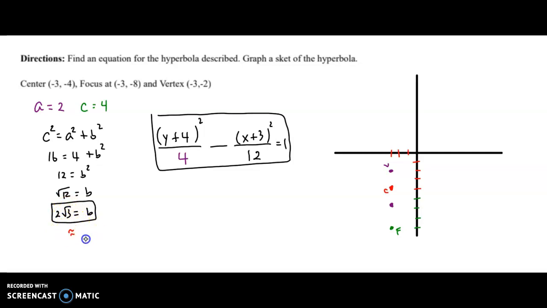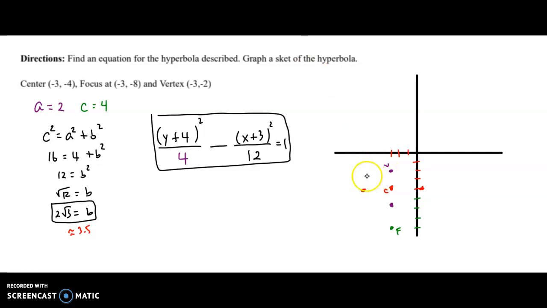That's going to be about 3.5-ish. So from the center, we're going to go about 3.5 out. This is going to be 1, 2, 3, maybe right here, if we guesstimate, and about here.